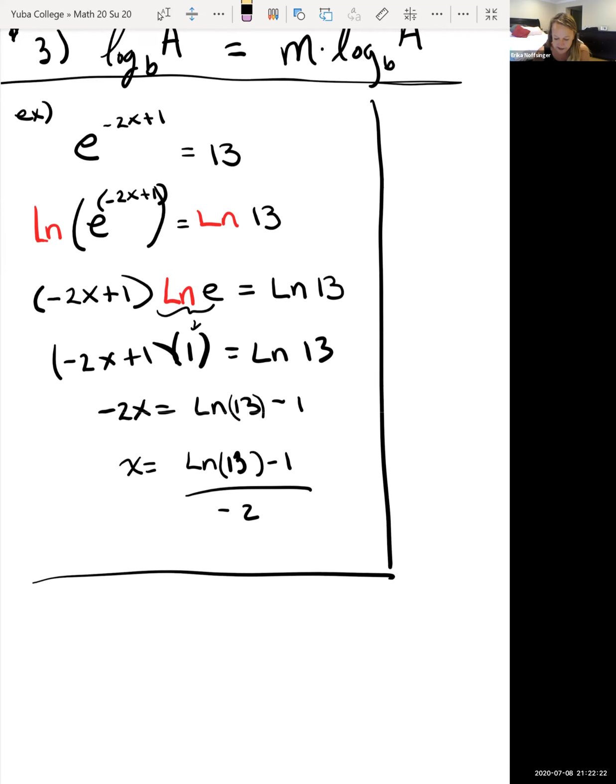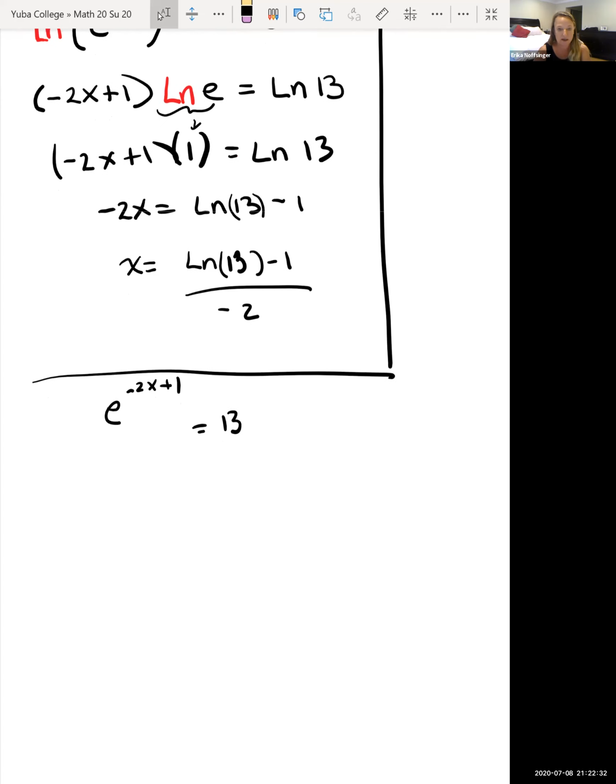I'm just curious. Let's do it the other way. I wonder which way is faster. The other way is you would look at what log you are using. We're using a natural log. Our answer is our exponent of 13. This is so much faster.